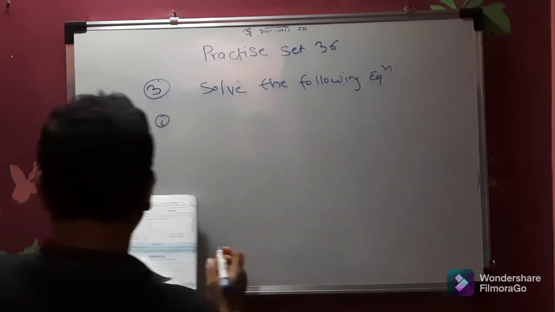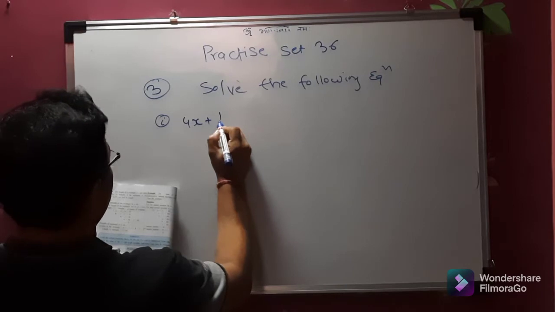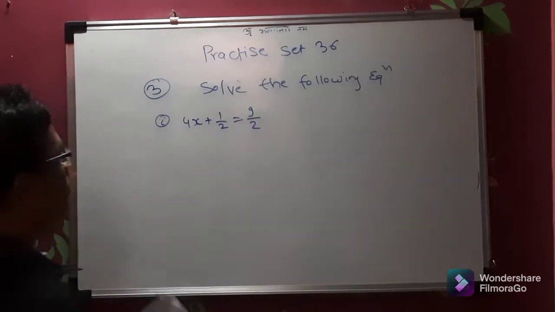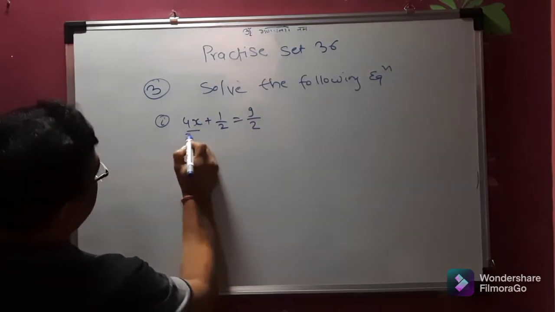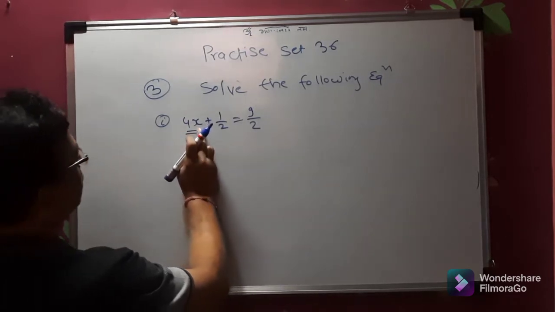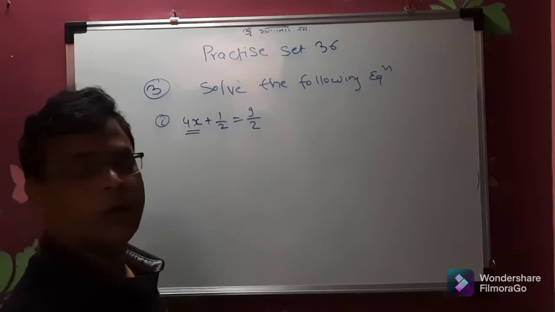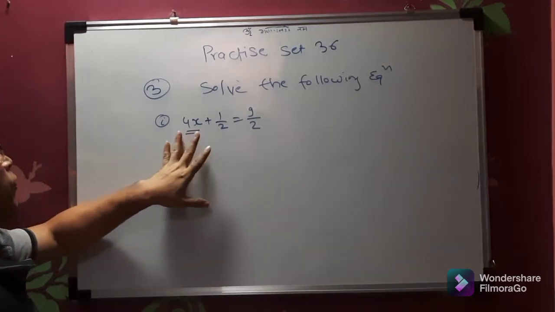Now the first one is 4x plus 1 by 2 is equal to 9 by 2. Here we have to do the addition. This is the 4x, the coefficient with the variable. We learned in an earlier video that x is a variable and 4 is the coefficient.